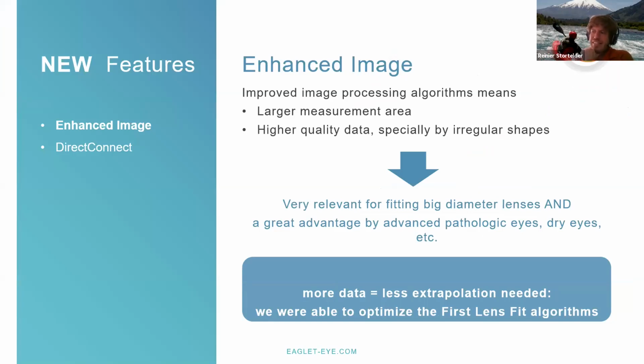The thing is that also the data that we cover with such irregular eyes is much more reliable. So beside of just having a larger coverage, we also know that precision of the measurement is higher, and it's just due to a better processing algorithm.